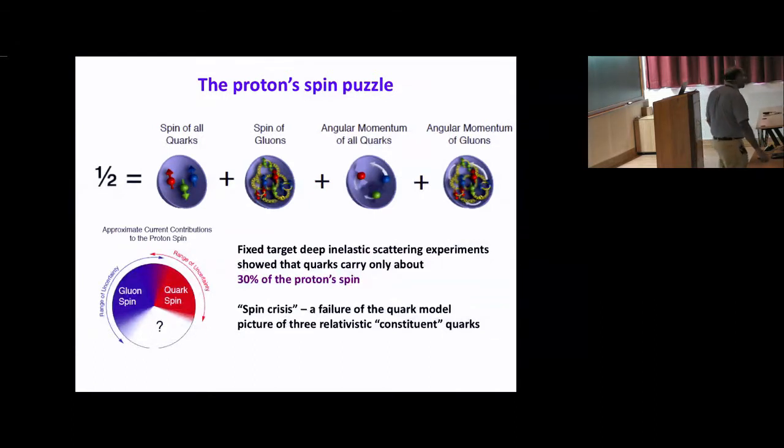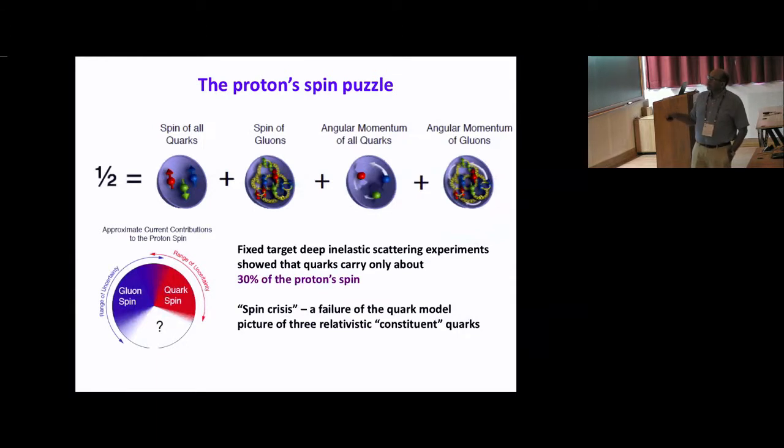There were beautiful experiments done at CERN with electron and muon beams on fixed targets, and also at SLAC, where they tried to precisely address this question. They looked at polarized targets, polarized protons, and did deep inelastic scattering experiments.